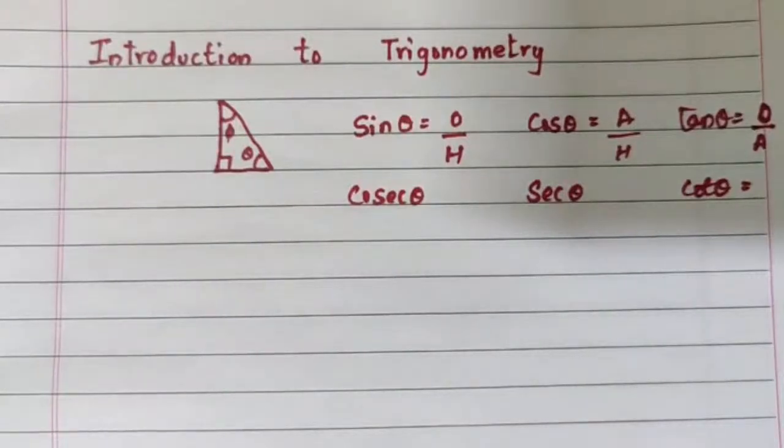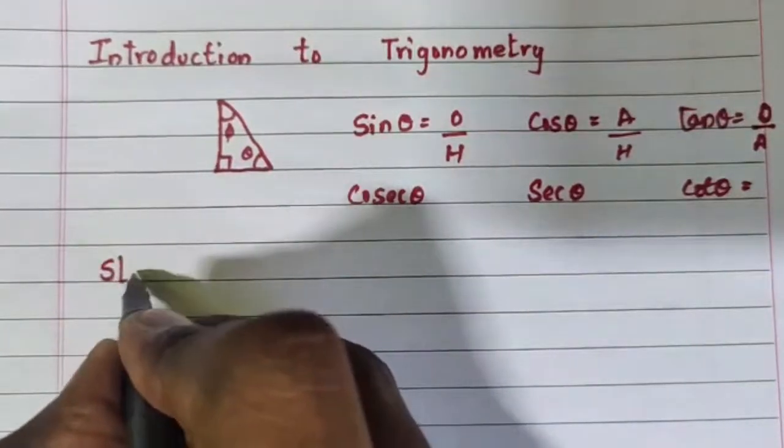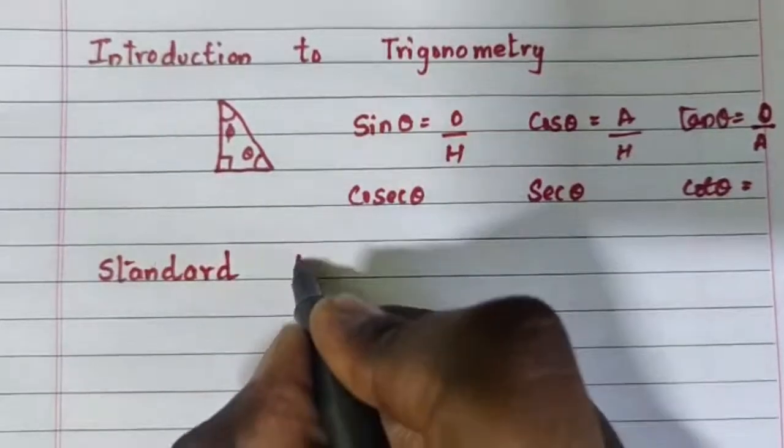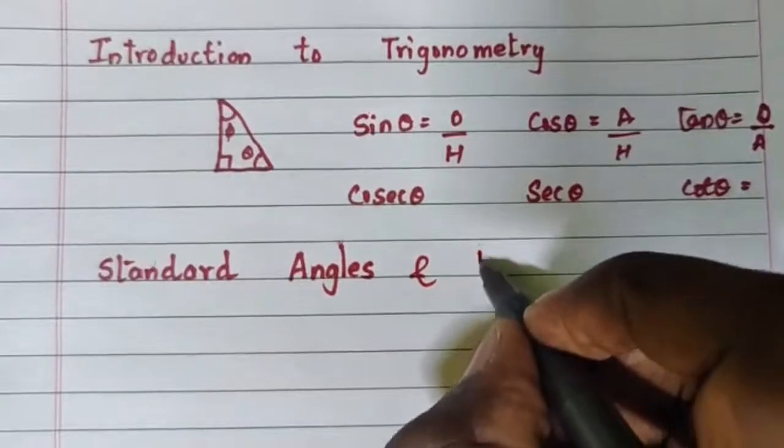So based on these trigonometric ratios, definitely 2 mark 1 question will be there, and also based on standard angles and identities.